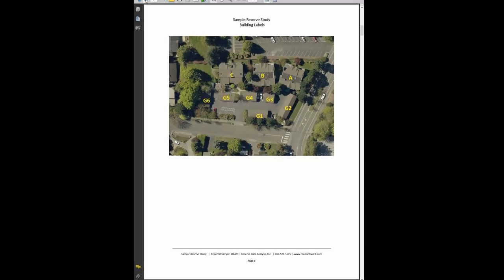Other communities will have specific addresses for buildings or specific names. We try to make it as easy to read and relate to for people in the community, so when they read it they understand what building we're talking about. And oftentimes we're provided with maps that already have these labels, so we'll just try to copy those from the current maps of the community and put them into the reserve study.